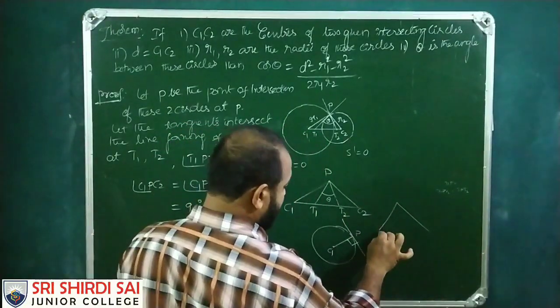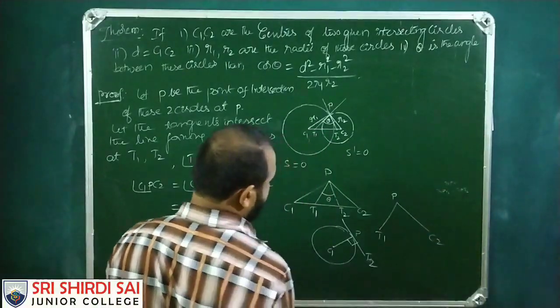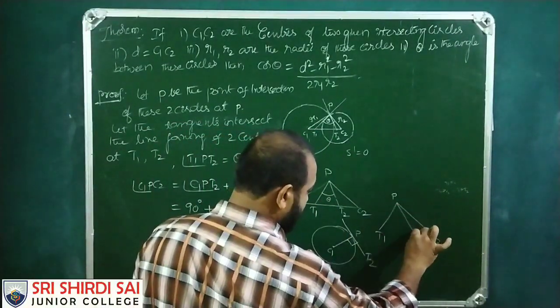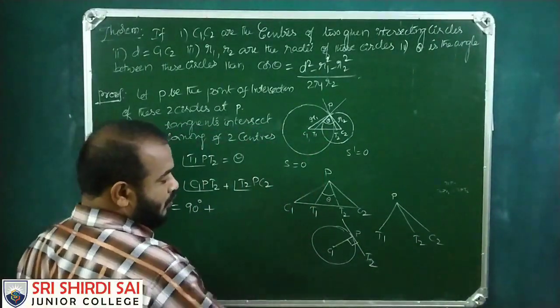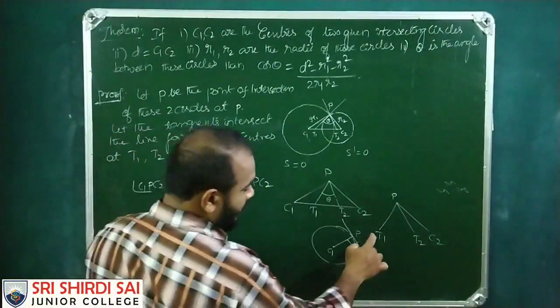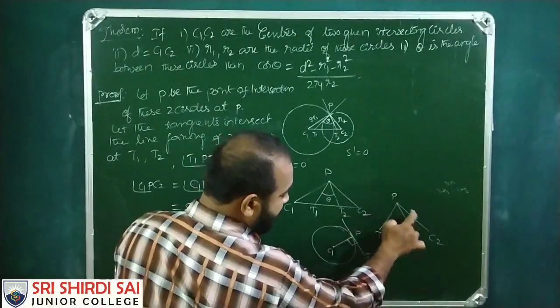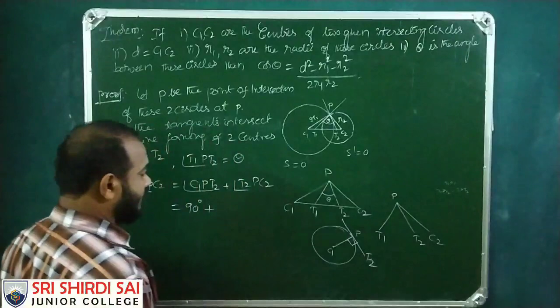This is T1PC2, and this is T2. So to obtain T2PC2, is it not the whole angle T1PC2 minus T1PT2?